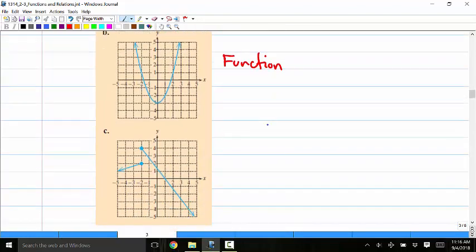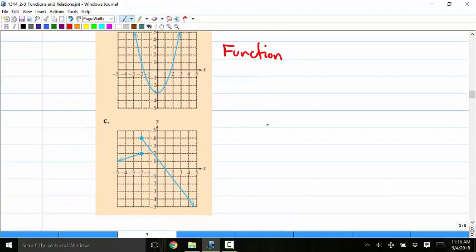How about C? Is that a function? No. What x value is the problem child? -2 right here. If I draw a vertical line, I pass it here and there. So this is not a function.